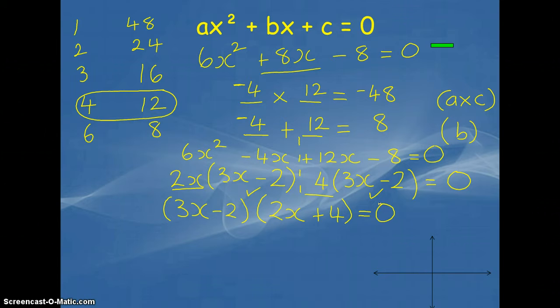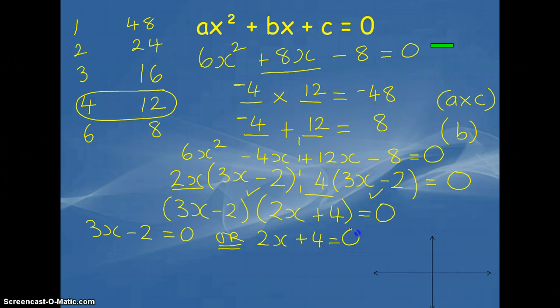Now we need to solve the quadratic equation. Well, just like when we were solving this when the a value was 1, we can only have the equation equaling 0 if one or the other bracket has a total value of 0. So either 3x minus 2 is equal to 0, or 2x plus 4 equals 0.